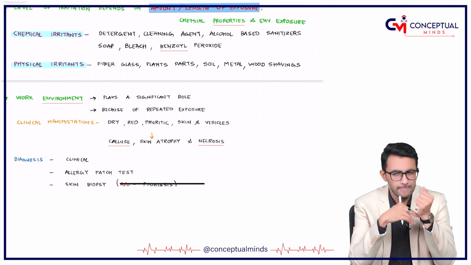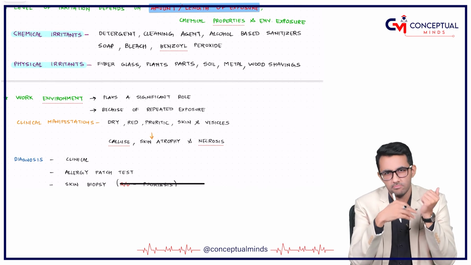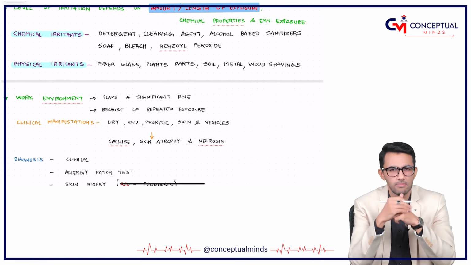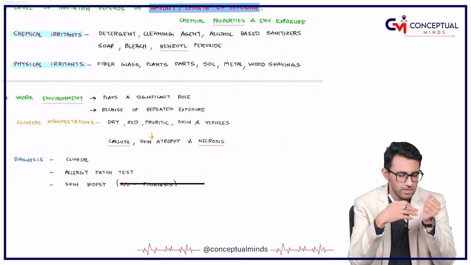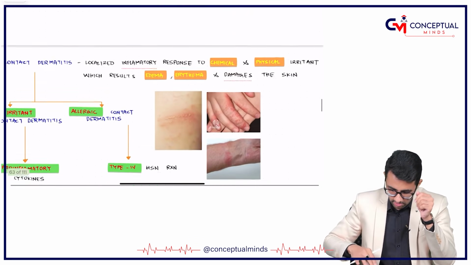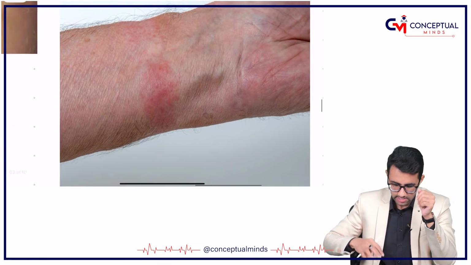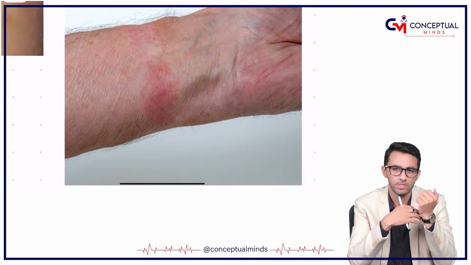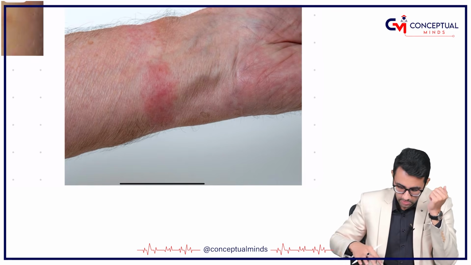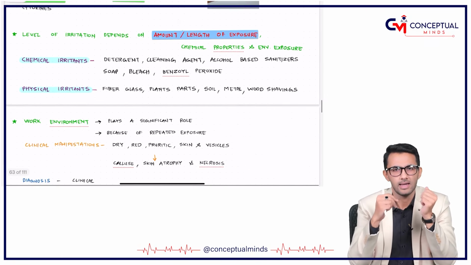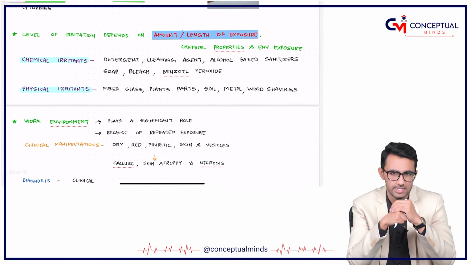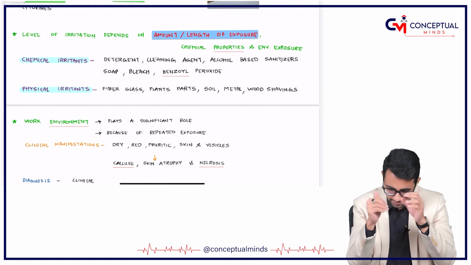Everything is good in the evening, but in the morning, for example, the person who was wearing the watch while sleeping notices that there is a whole mark, a whole demarcation on his wrist area. That could be because of the watch, and it could be under the category of physical irritants. Okay, as simple as that.